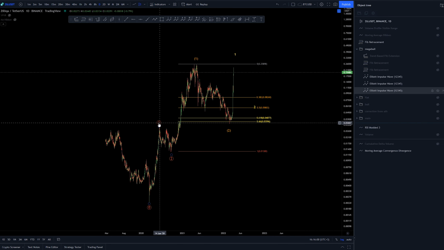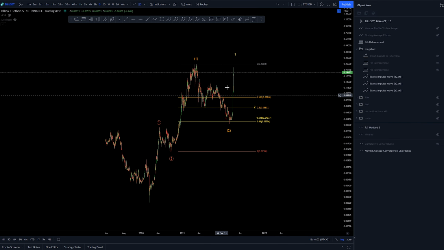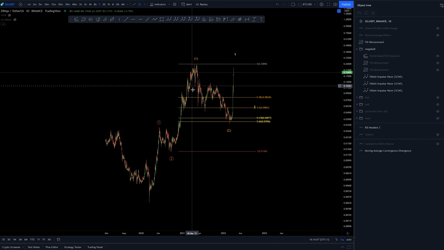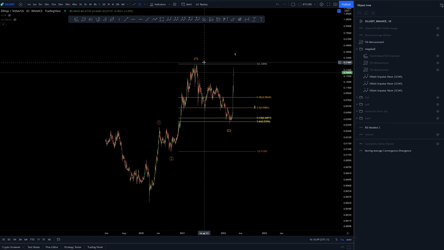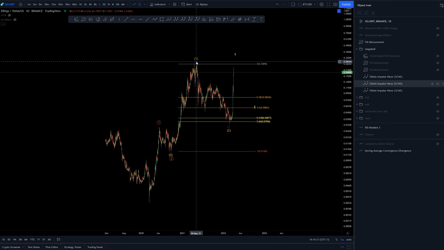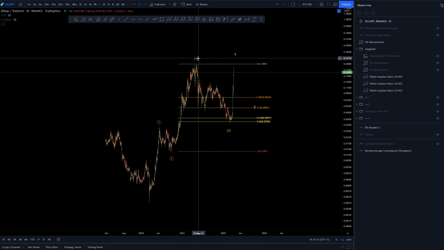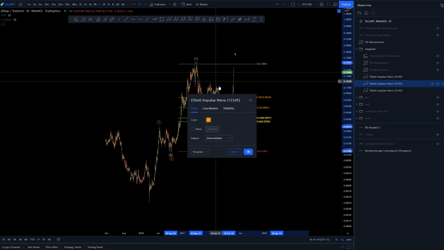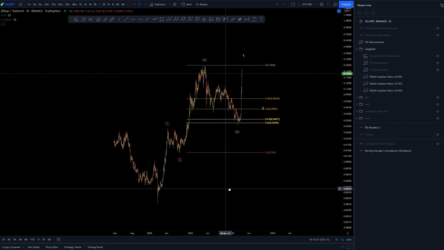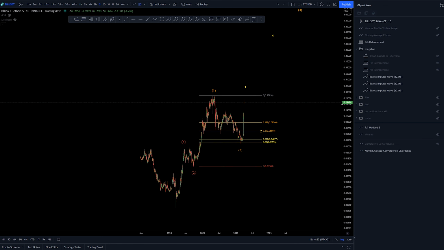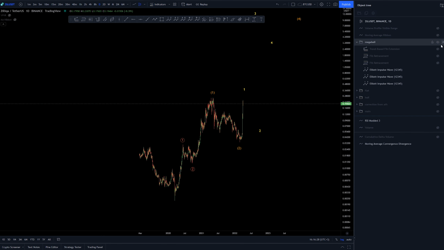Now there's not too much correlation between this correction and this correction, and this has been taking a bit more time than this, which is a bit weird since it's a lower degree Elliott wave count, but sometimes these things happen, and it is definitely possible and not invalid.